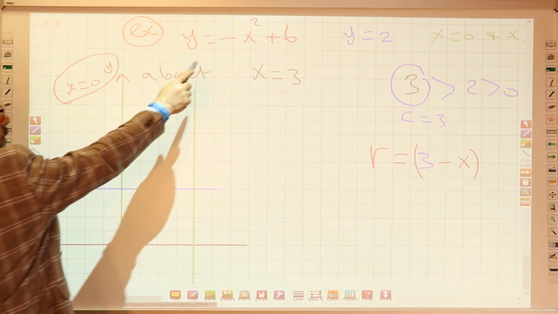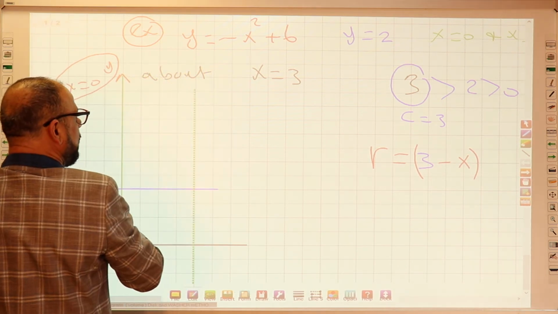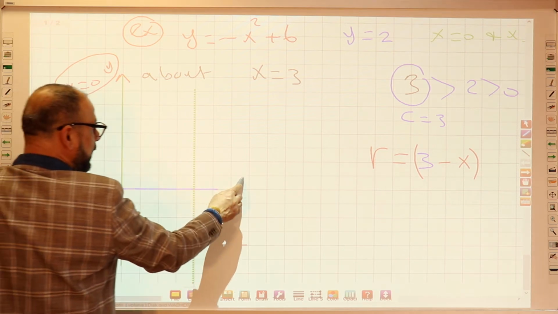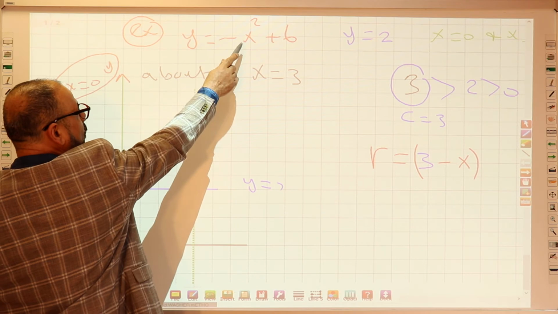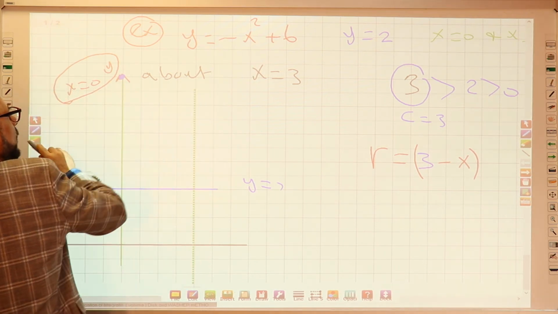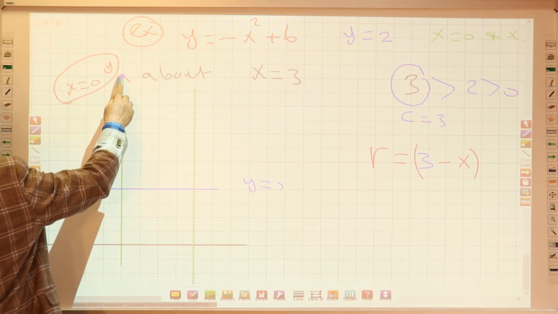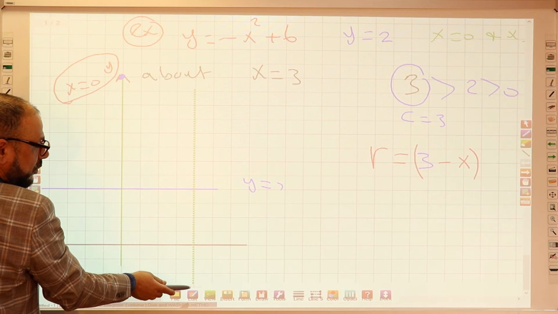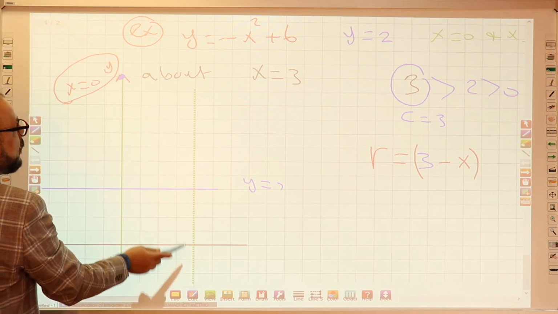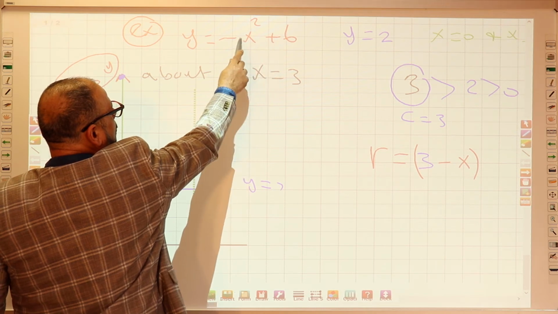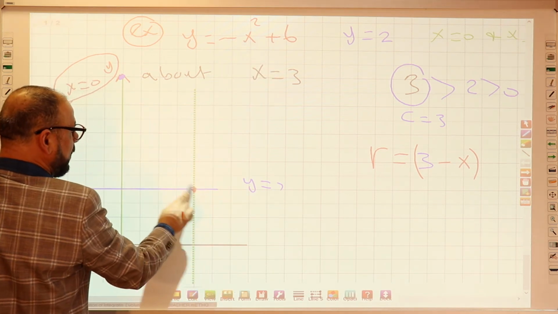And this guy, negative x squared plus 6, opens down, starting from 6, in red. And y equal 2. When you plug in 2 here, it's negative 4 plus 4, which is 2. Then it's going to be like this.